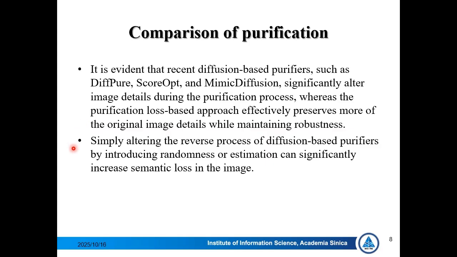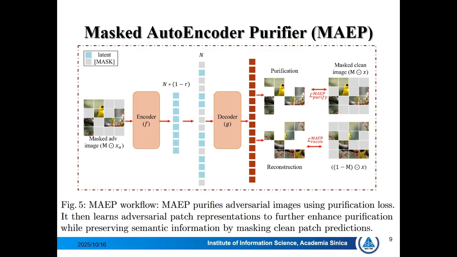Simply altering the reverse process of a diffusion-based purifier by introducing randomness or estimation can significantly increase semantic loss in the image. Our proposed method, the Masked Autoencoder Purifier (MAP), is optimized using two loss functions. The first one is the purification loss, which guides the model to transform adversarial images back into clean images, ensuring effective defense against attacks.